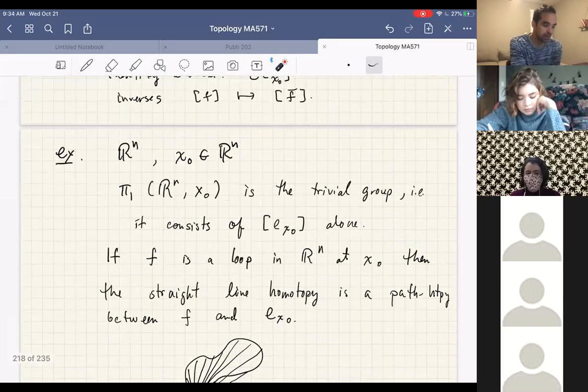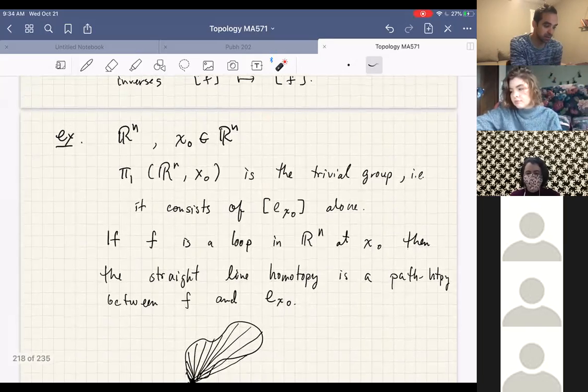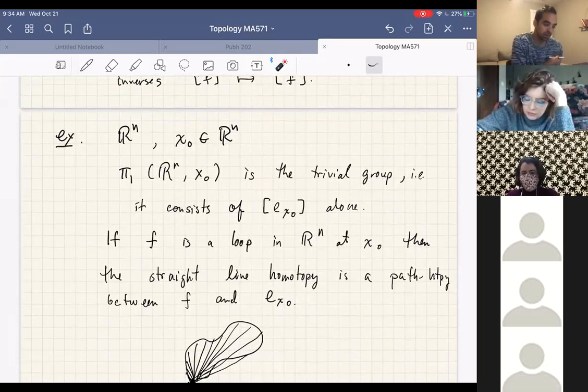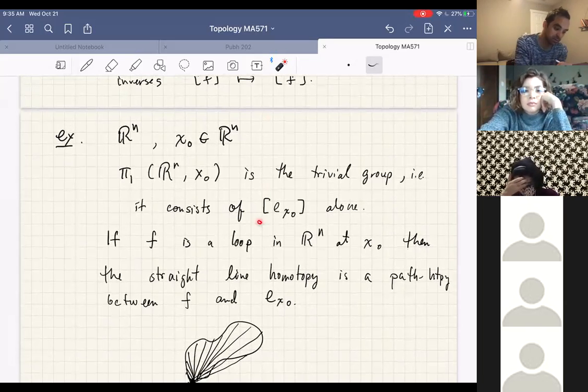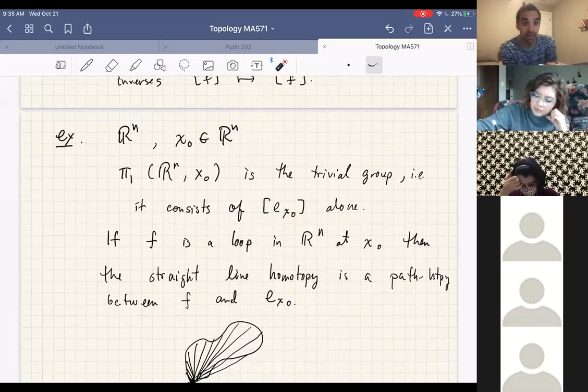So our first computation is that the fundamental group of Euclidean space based at any point x0 is the trivial group. It consists of a single element, the homotopy class of the constant loop at x0.